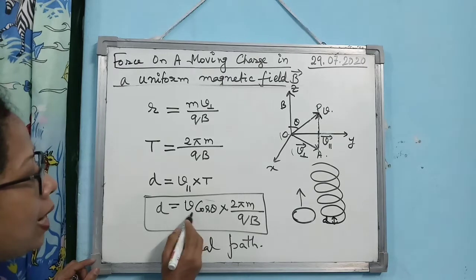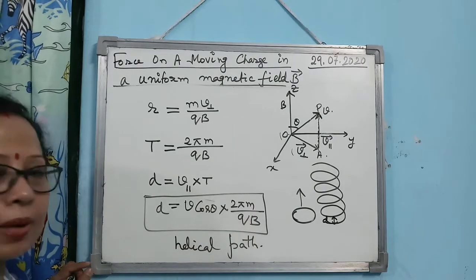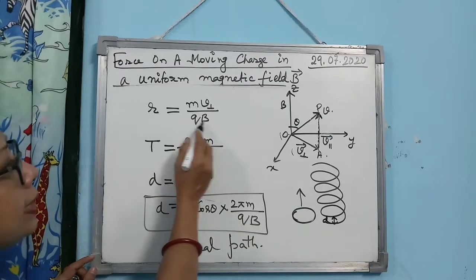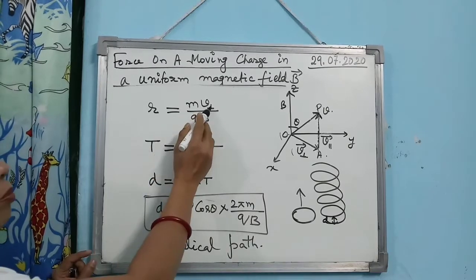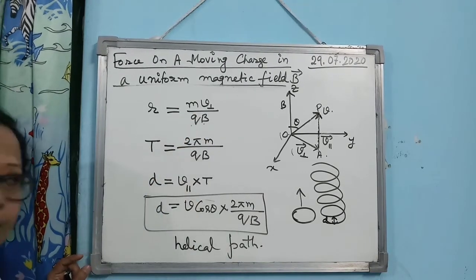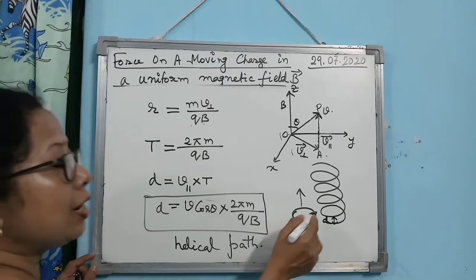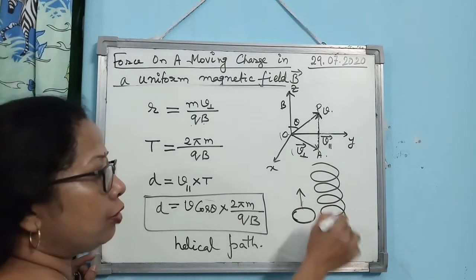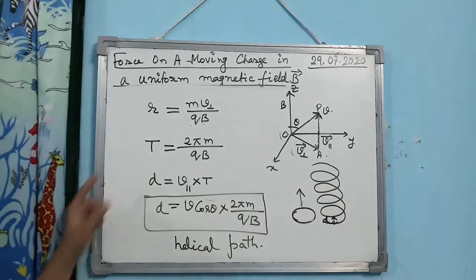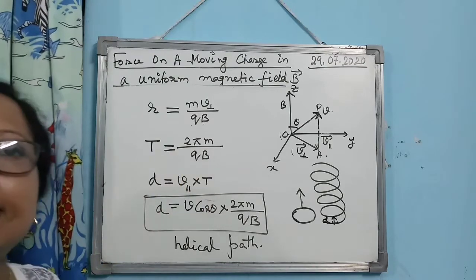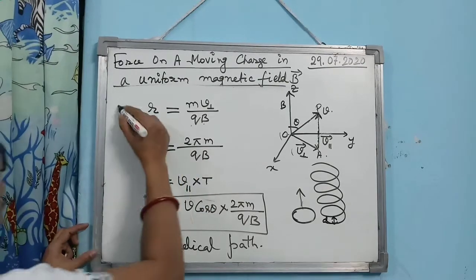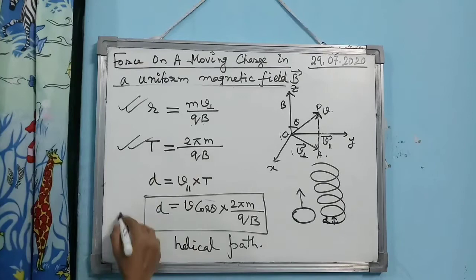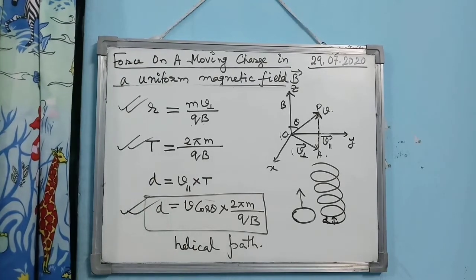It is given by V cos theta times 2 pi m by qB. What is the radius of each circular path? m V perpendicular by qB. And the time period of revolution for each circular path is 2 pi m by qB. These relations you must learn and remember.